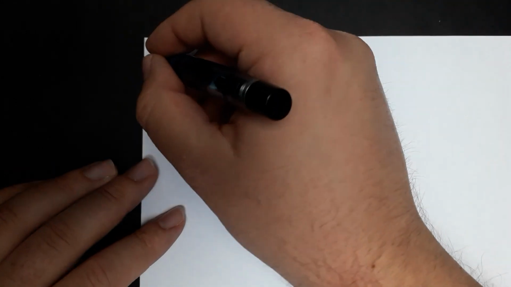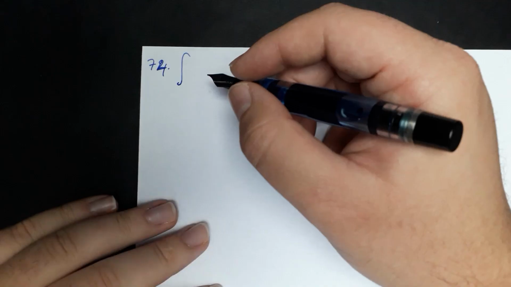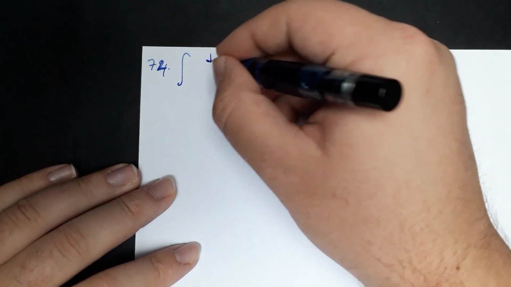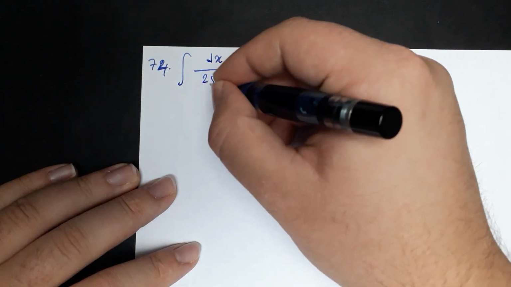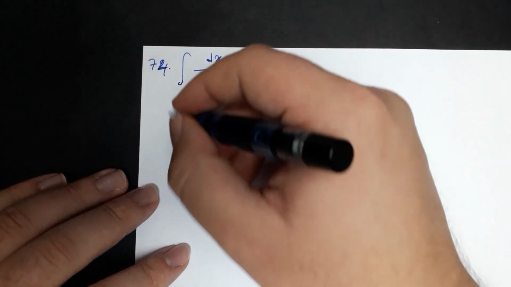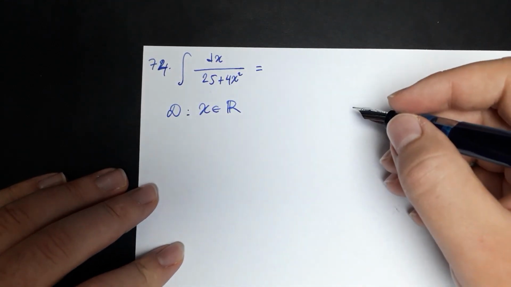Number 74 on our list is an integral of dx divided by 25 plus 4x squared. Now, the area in which this integral is defined is all real numbers.